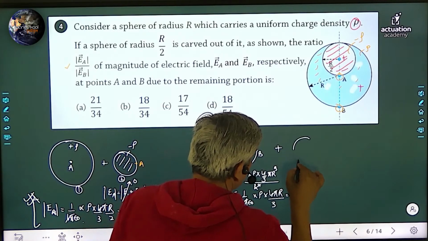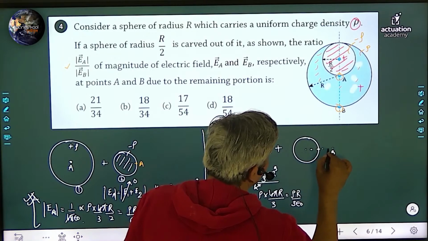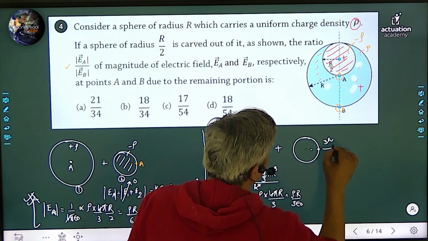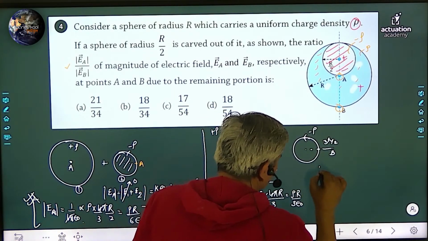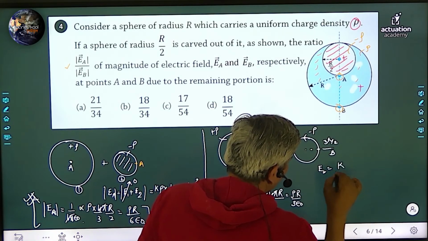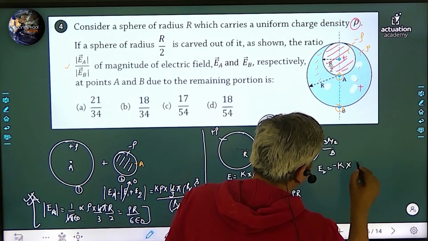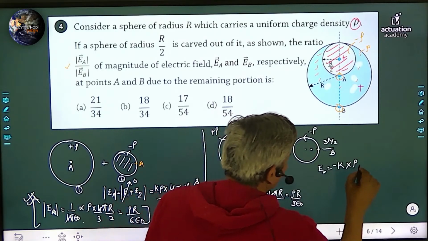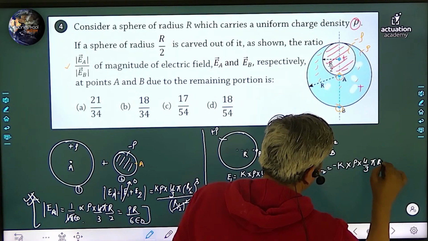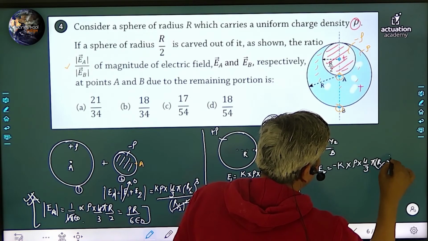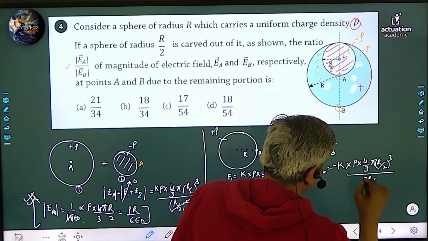Now for the second sphere, B is lying outside. This distance is 3r by 2 and this is minus rho. So E2 can be written as K Q, and this will be negative, rho into volume 4 by 3 pi r by 2 cube divided by r square, meaning 3r by 2 whole square.